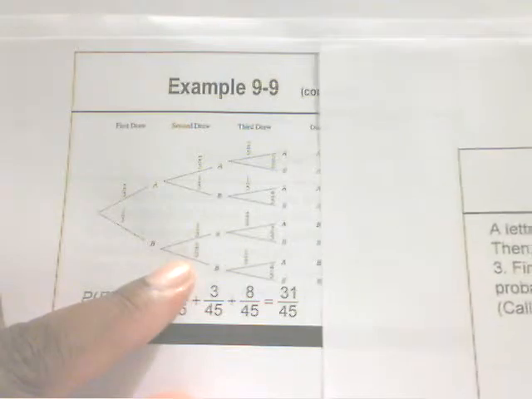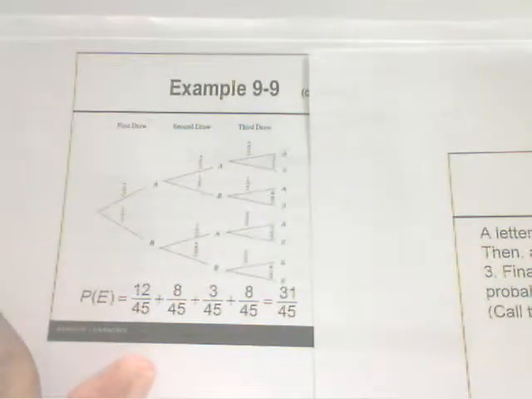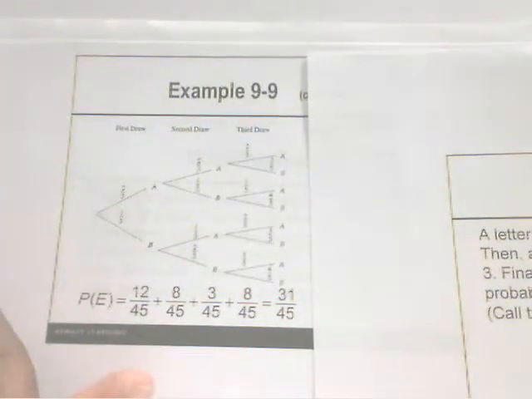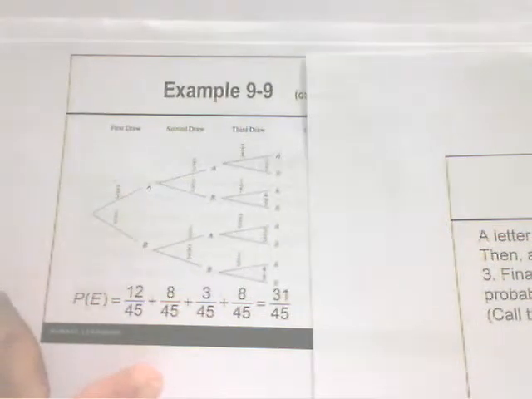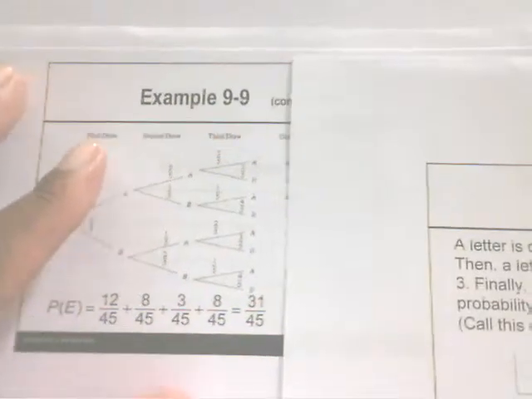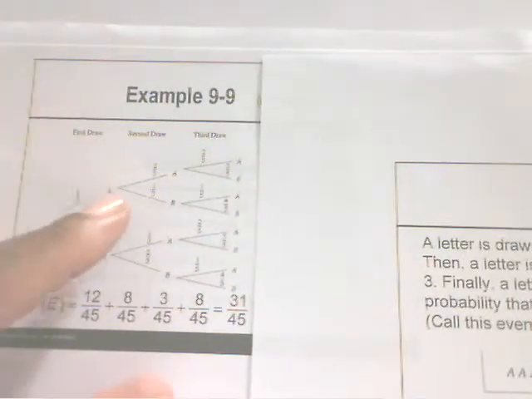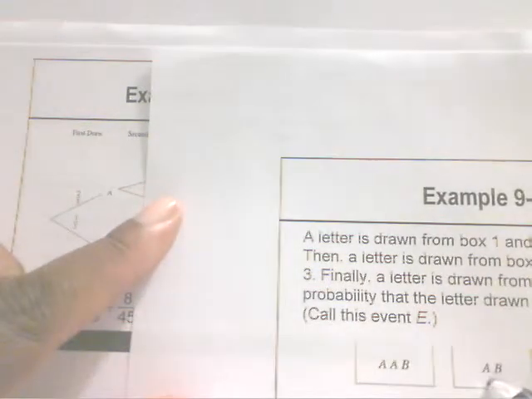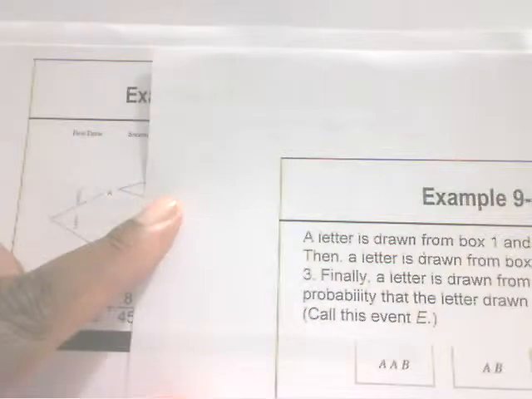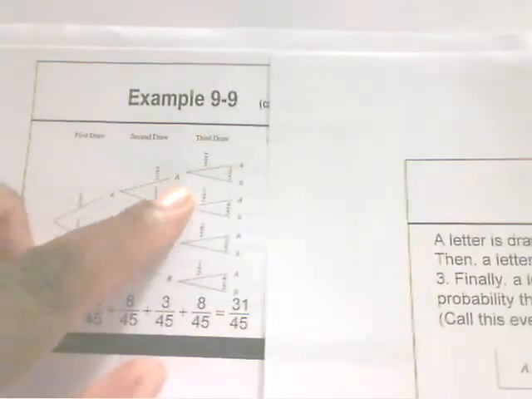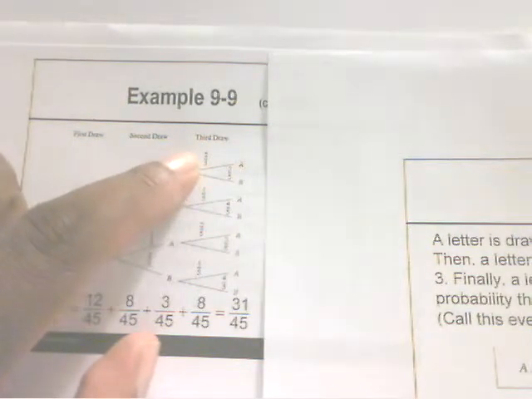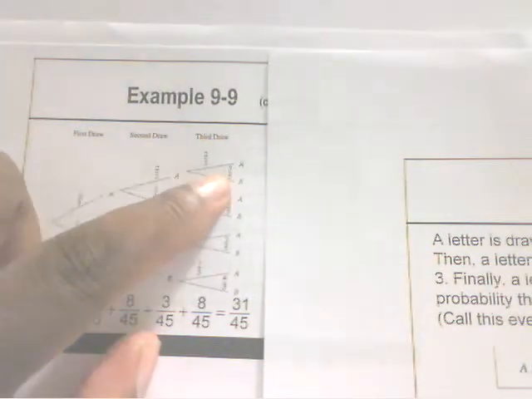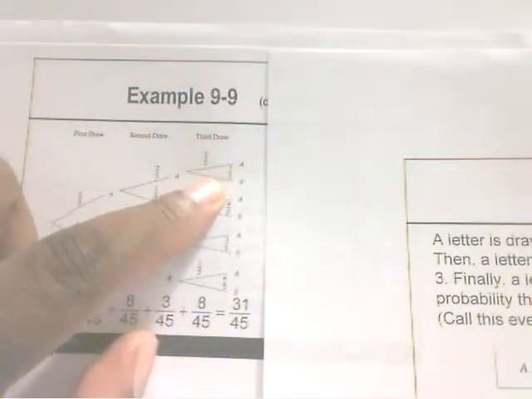And then on the third draw, it will be this. If an A is drawn out of the second box and placed in the third box, now you have 2 A's and 3 B's. The probability of drawing an A on the third draw would be 2/5, and a B, its probability would be 3/5.